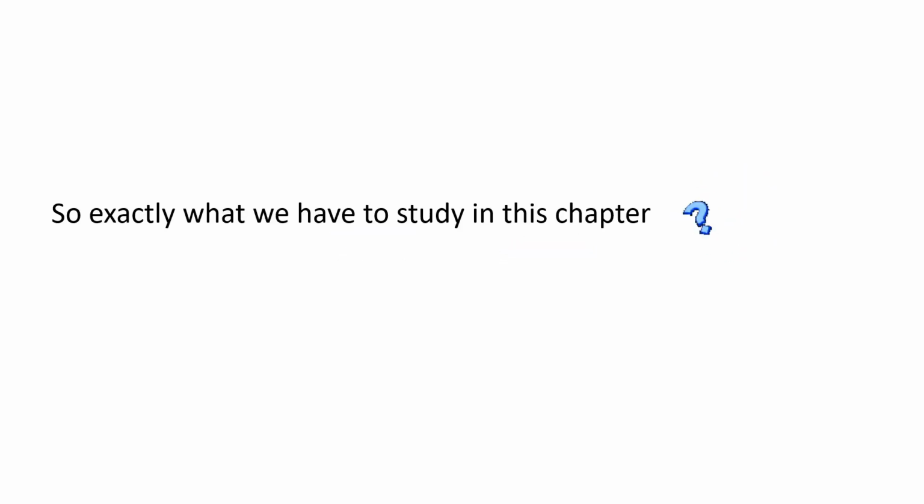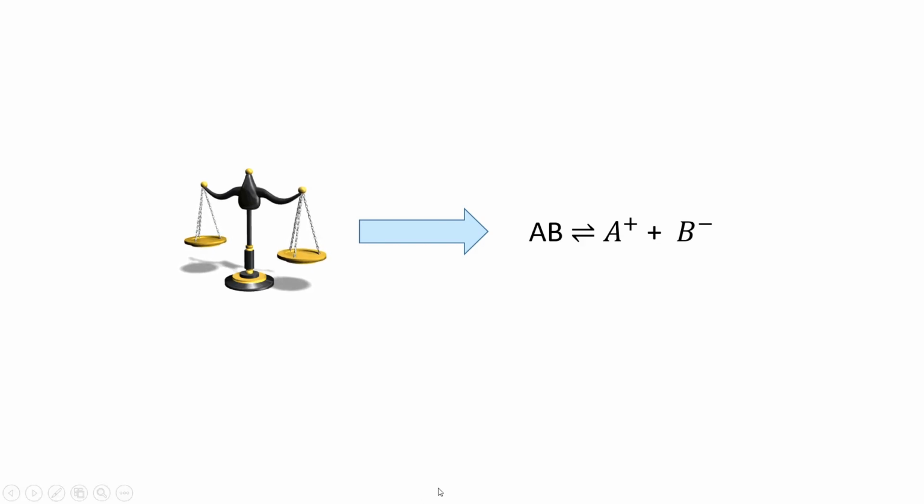So what exactly do we have to study in this chapter? We have to understand the equilibrium which is established in a weak electrolytic solution which reacts in a forward as well as a backward direction. And we also have to learn about the factors and equations related to it.